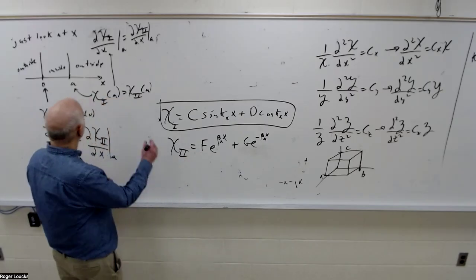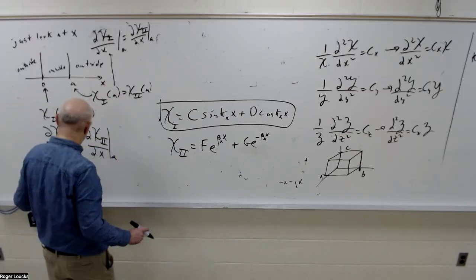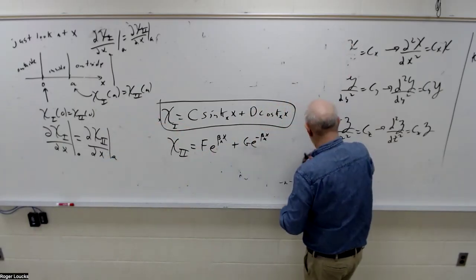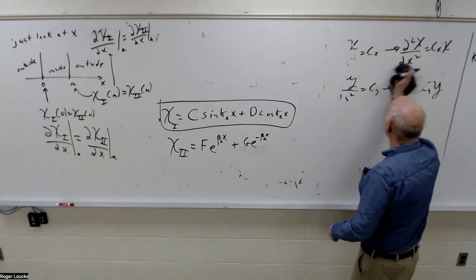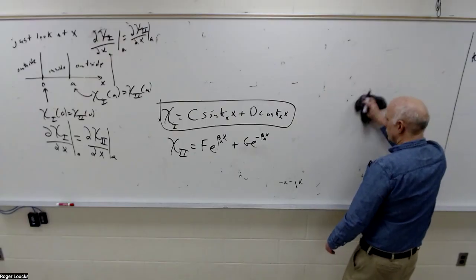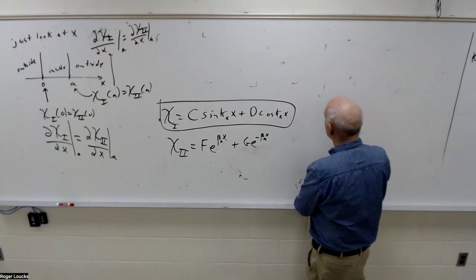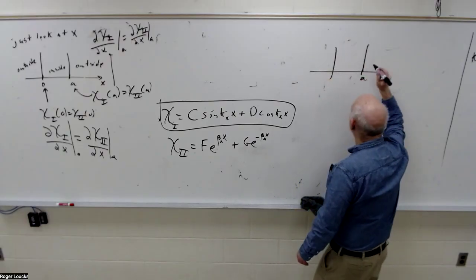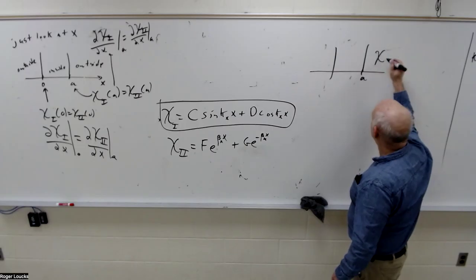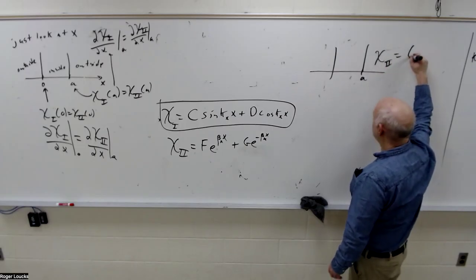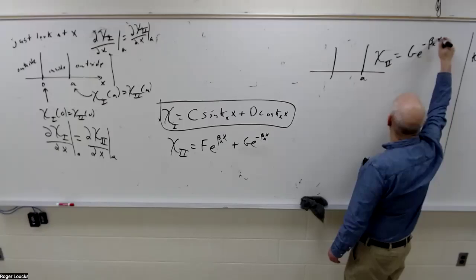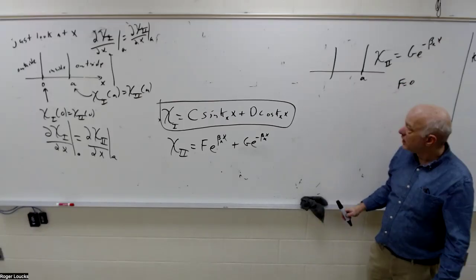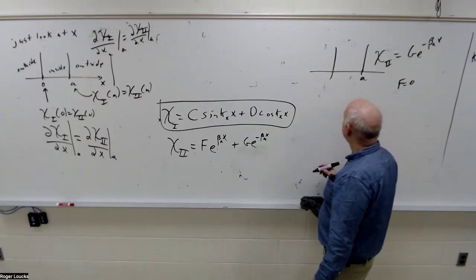So on this side over here, our chi would have to be this g e to the minus beta x, because the f would have to be 0.